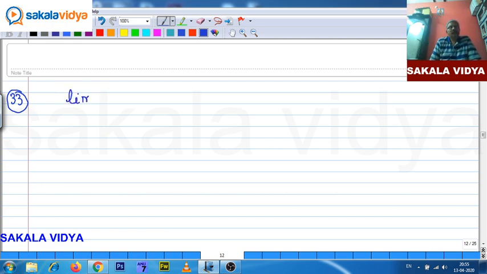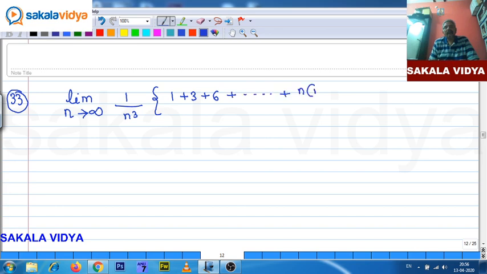Limit n tends to infinity, 1 by n cube into (1 plus 3 plus 6 plus and so on plus n into n plus 1 by 2).